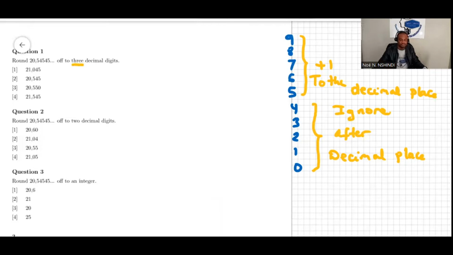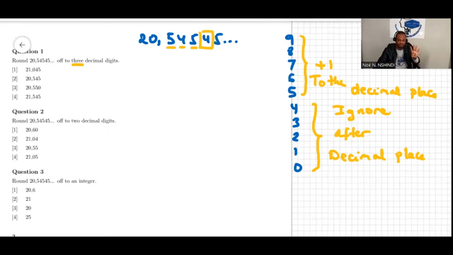So we count the decimal digits, 1, 2, 3, then look at the 4th decimal value, which is 4.